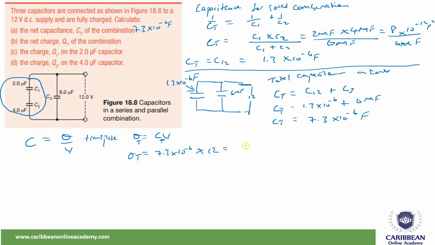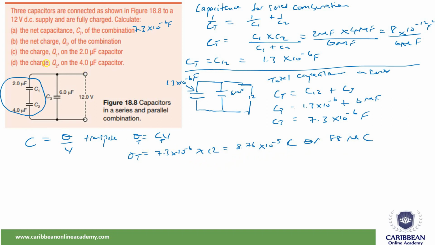When you multiply 12 by 7.3 times 10 to the minus 6, we get a value of 8.76 times 10 to the minus 5 coulombs, or we can say that is going to be 88 microcoulombs. That is our total charge.